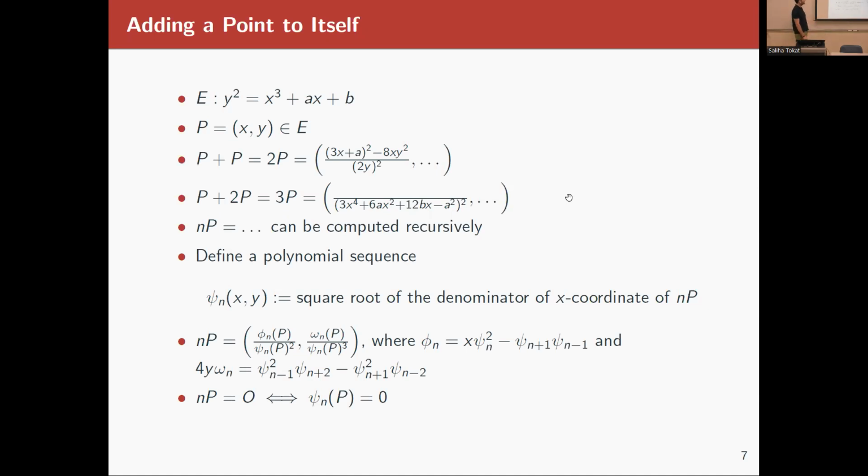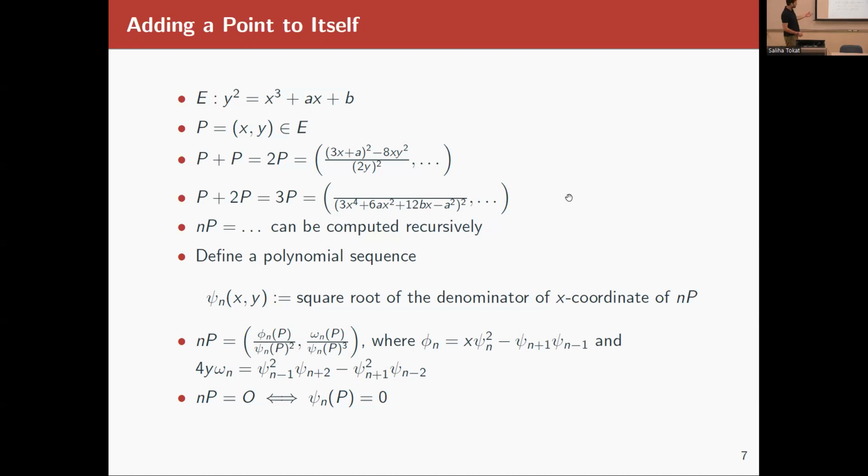Let's say we have a point on E and we want to add it to itself. We can obtain a basic formula for nP. You can see there are three different functions, symbols. They are actually polynomial sequences.